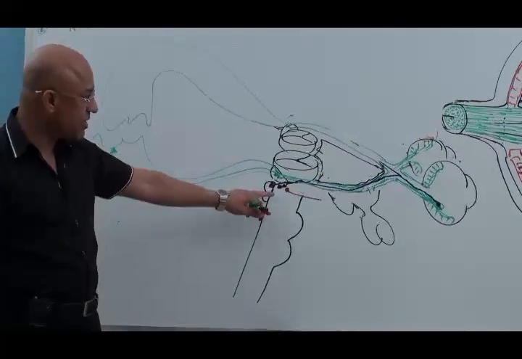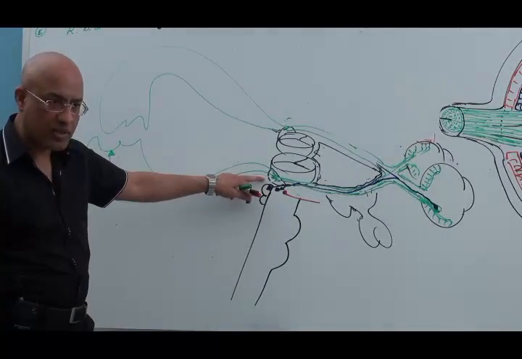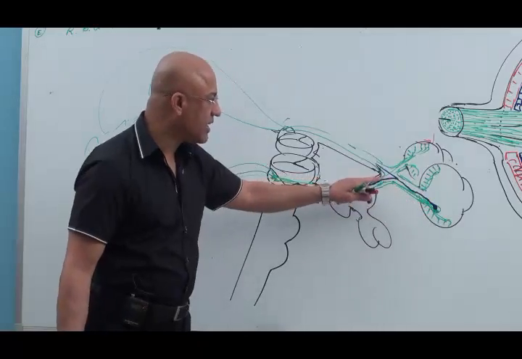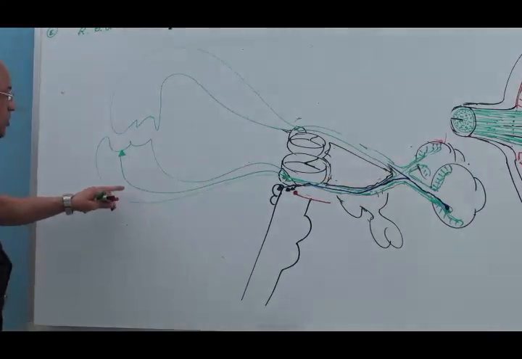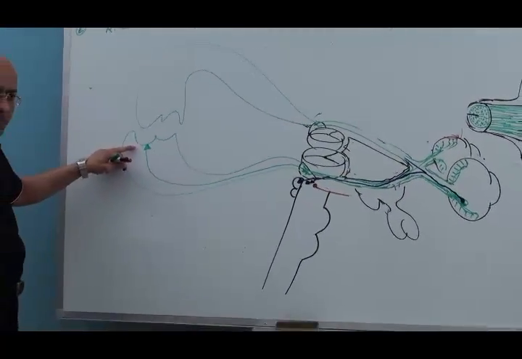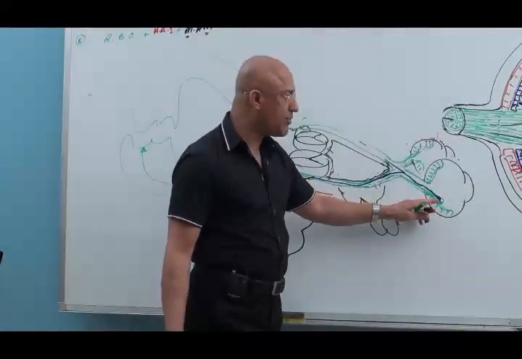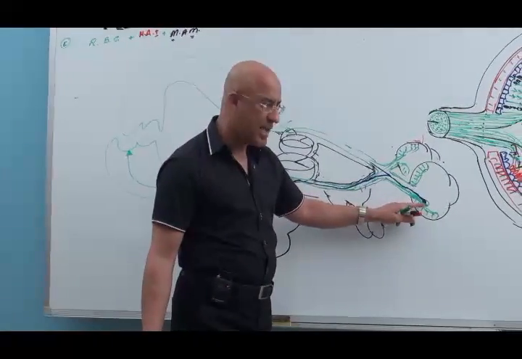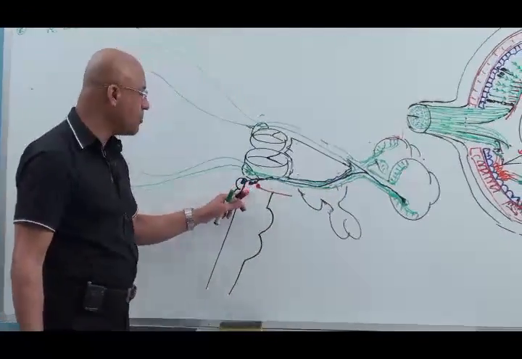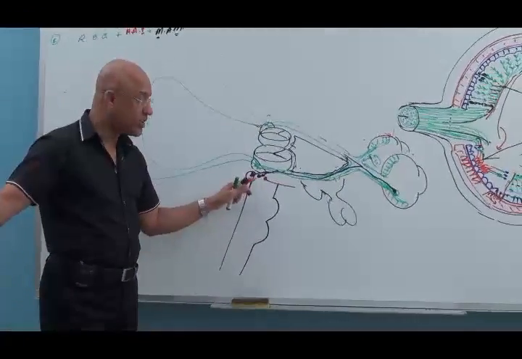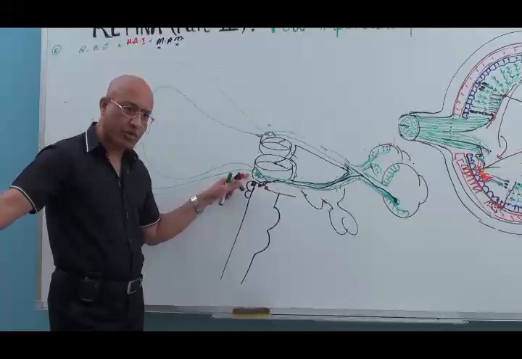It means these fibers did not go to the lateral geniculate body. These blue fibers did not participate in the conscious formation of image. They took the degree of illumination of light and gave this information to the midbrain. They did not pass through the lateral geniculate body.